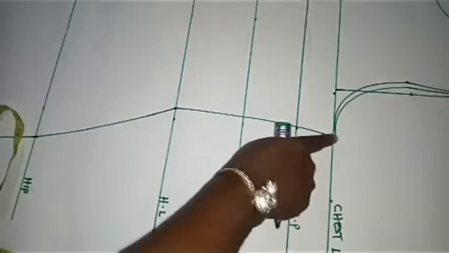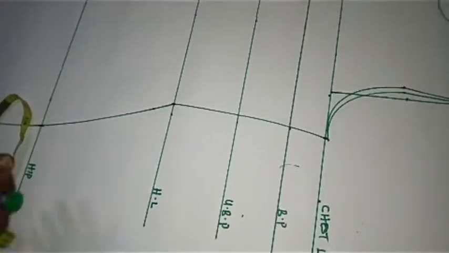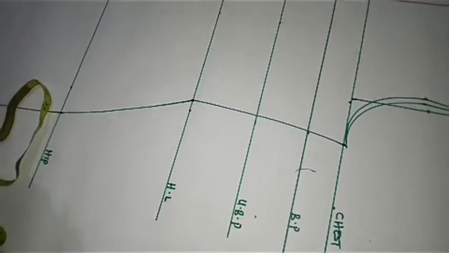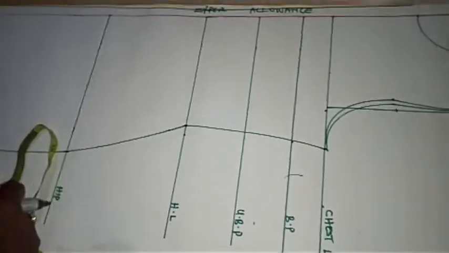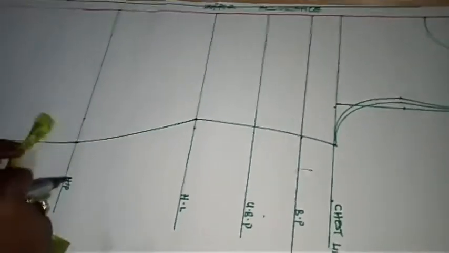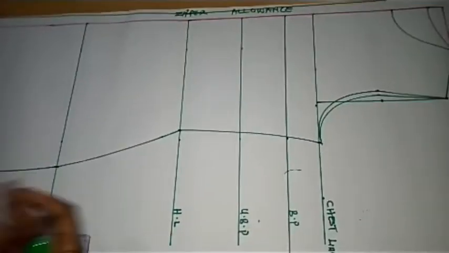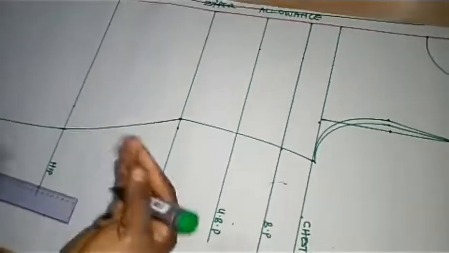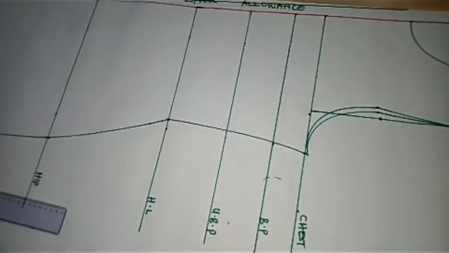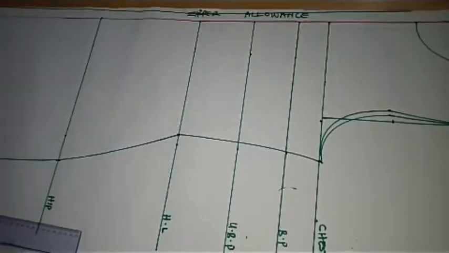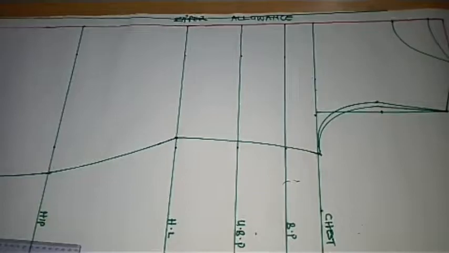But before we replace it, we are going to add our allowances, our ease, because this is a shift gown, it's not a fitted gown. Shift gowns are drafted with ease, that is with allowance. As you can see, it's not really on the body. On the screen, that gown is not on the body, but it has some space around it.